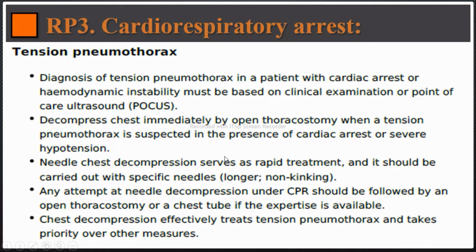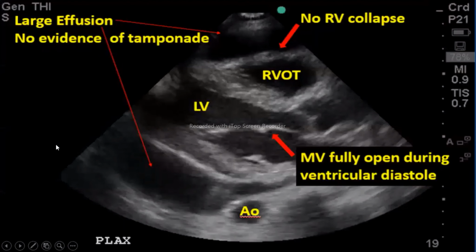Okay, needle chest decompression, rapid treatment, specific needle, longer, non-kinking. Any attempt at needle decompression under CPR should be followed by open thoracostomy or chest tube. Chest decompression effectively treats tension pneumothorax.